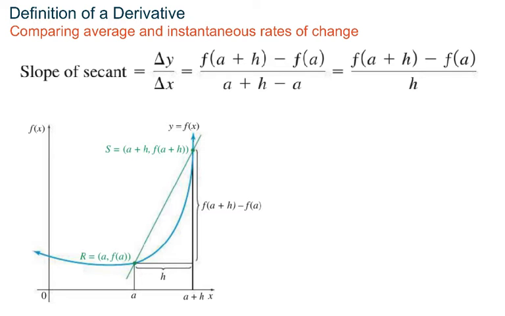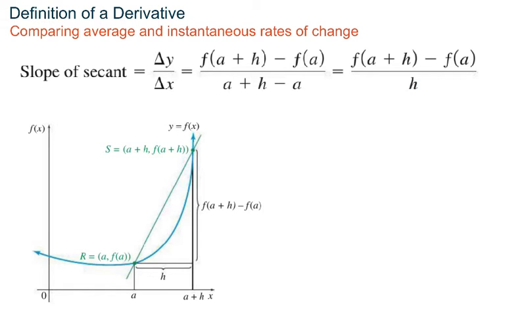So we'll call that A plus h. So we have A, f of A plus h. And you see that definition building here. So the change in y, my vertical change, divided by the change in x, A plus h minus A, gives us just that h value.